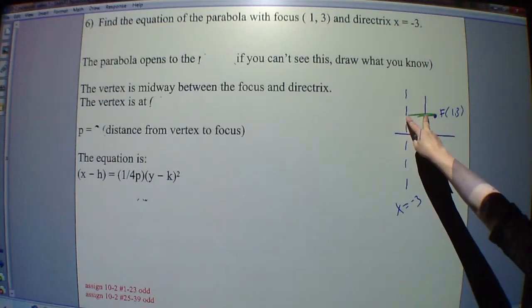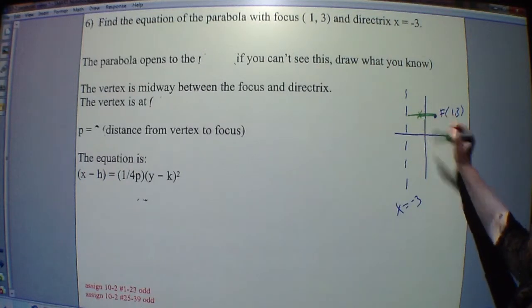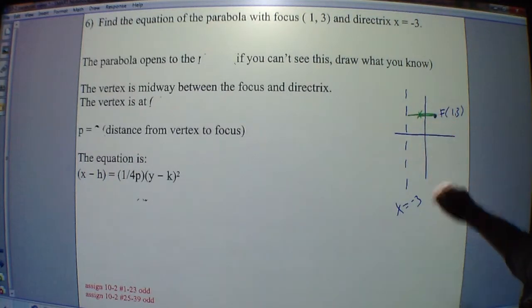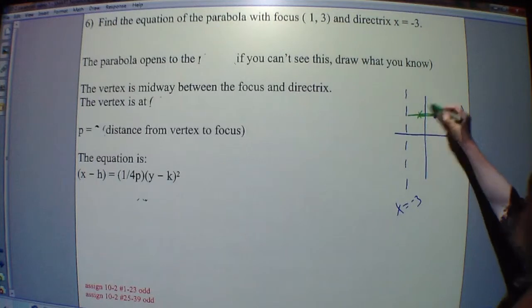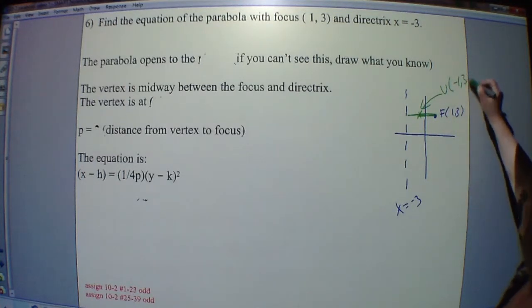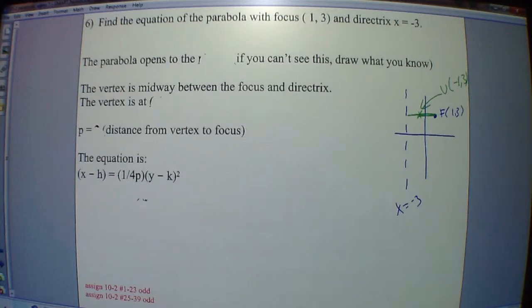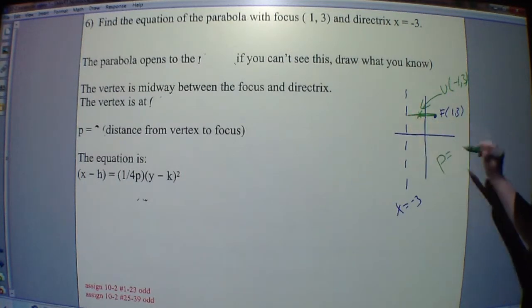If this is -3 and this is 1, that distance is 4. So if I go 2 over this way, I will be at my focus, or if I go 2 from that, I will be at my vertex. So my vertex here is (-1, 3). My p, like I said, that's a distance of 4, so my p is 2.